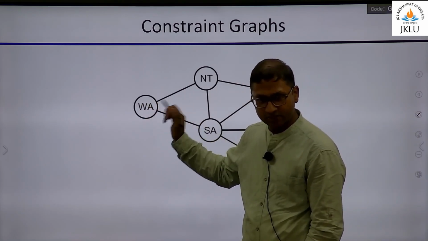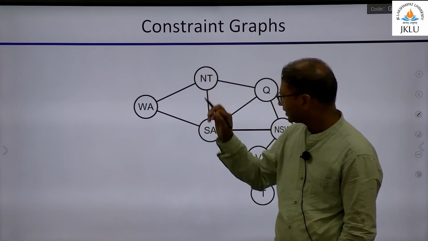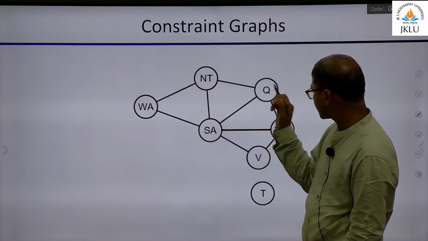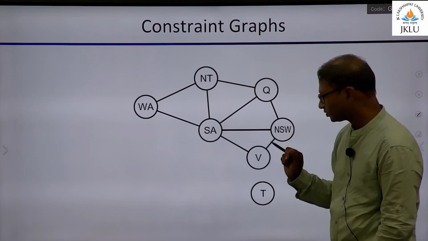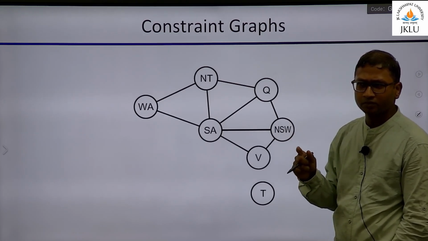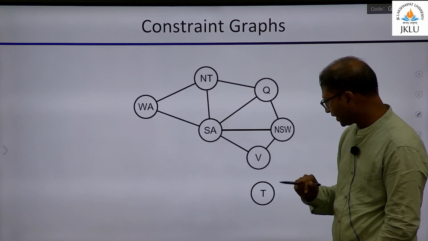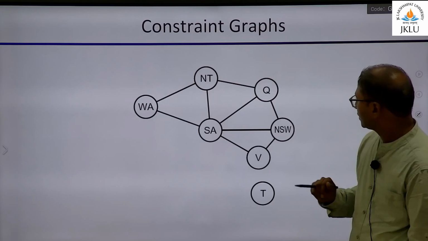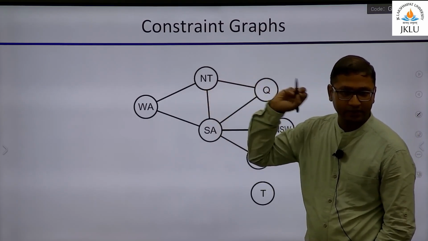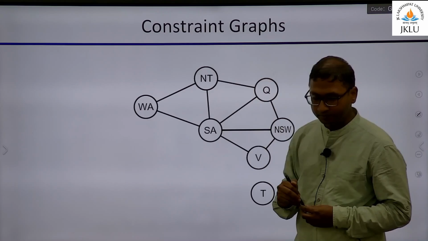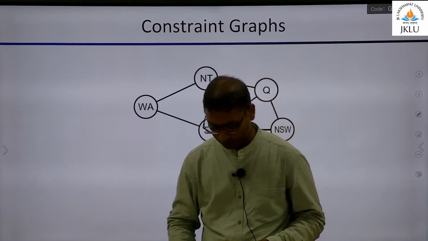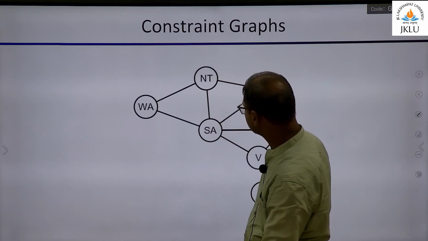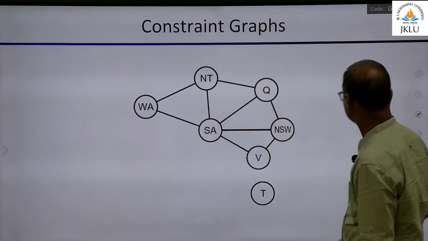Western Australia. This was Northern Territory. This was South Australia. This was Queensland, New South Wales, Victoria, Tasmania. Okay. So this is how they are connected. How should I color them? We need to formalize this problem as well now. Okay.